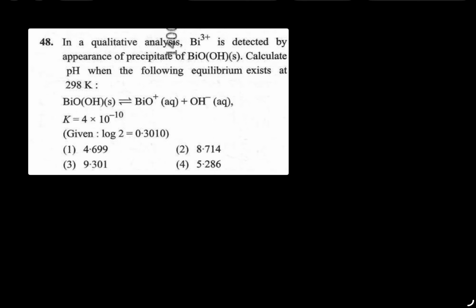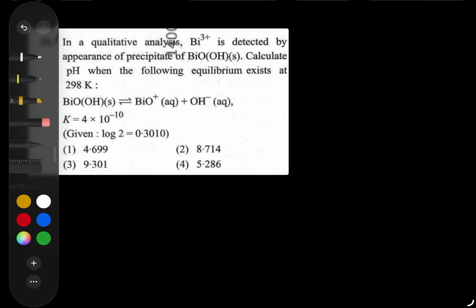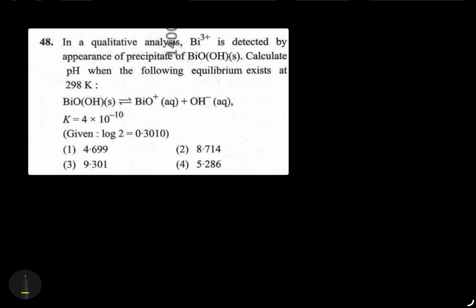Okay. So look, it says that the precipitate, which is the bismuth oxyhydroxide, is a solid, right? We can write it as BiOOH, and it's a solid.